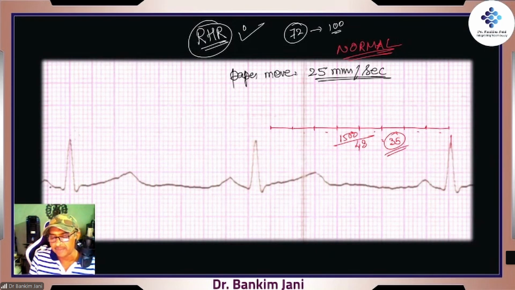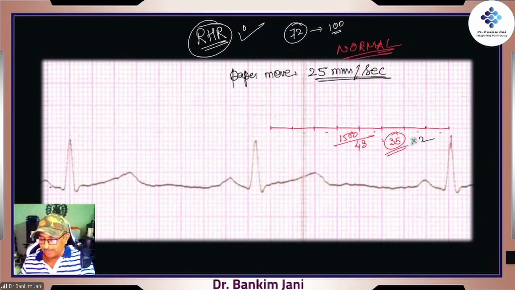That should be the pace. What really happened is there is a setting. Sometimes you have to take such ECGs, but this is exceptional. When the heart rate is extremely high, you run the paper faster so that you can see the waves properly. But then you know that you're moving the paper at double the pace, so you have to double the heart rate also.